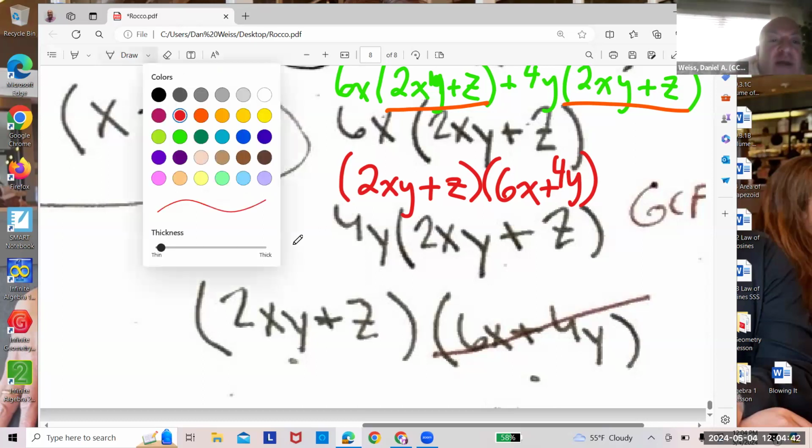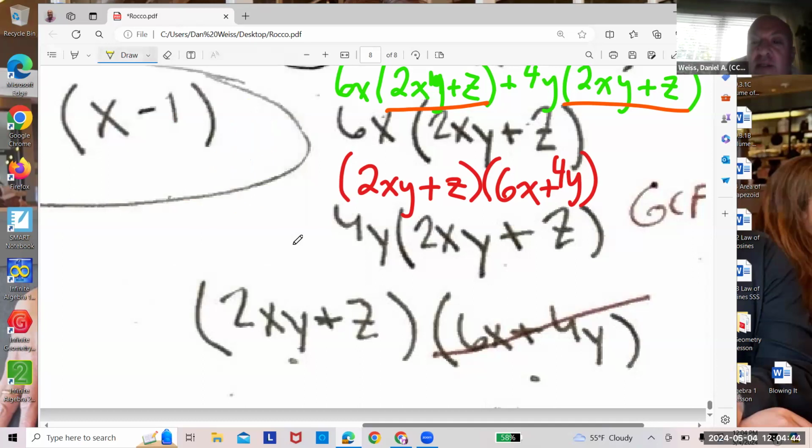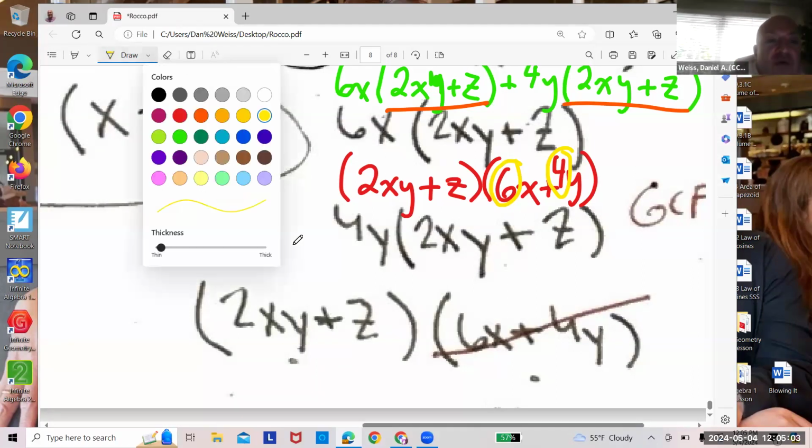What you have here is this 6 and this 4, all right? 2 is common to those. So you're going to pull out a 2. So here you have this, you correct here.